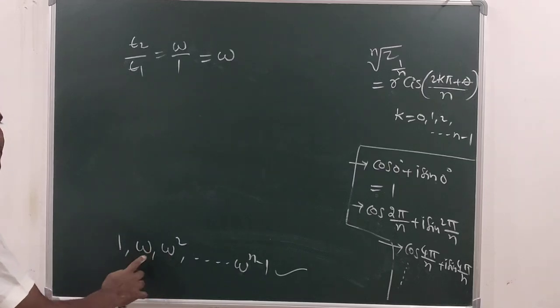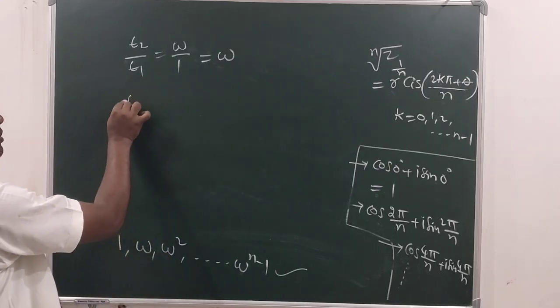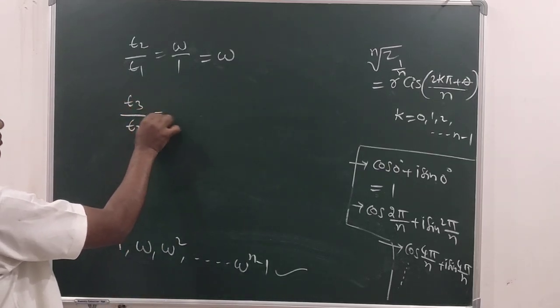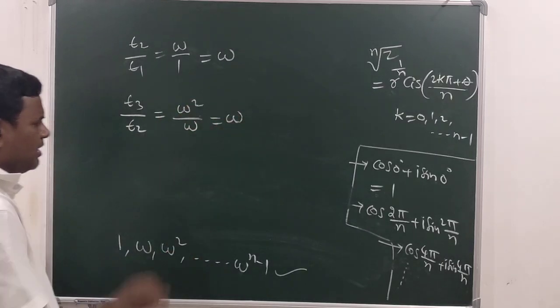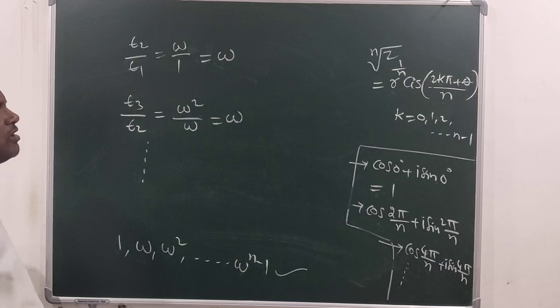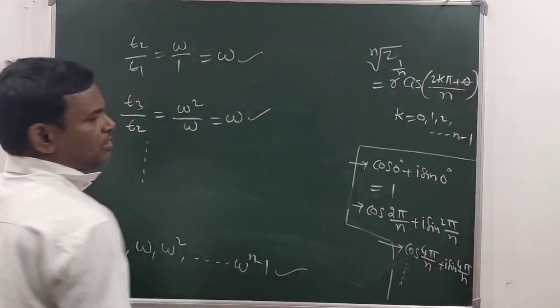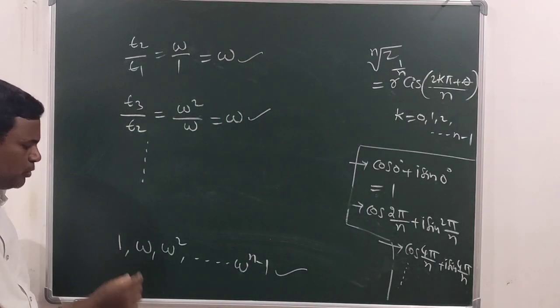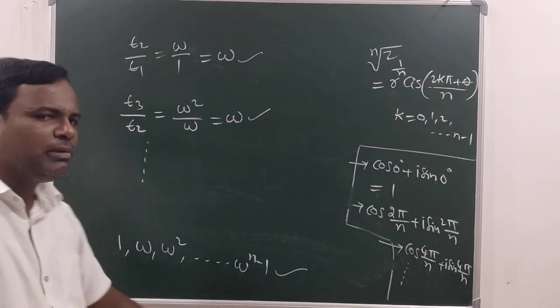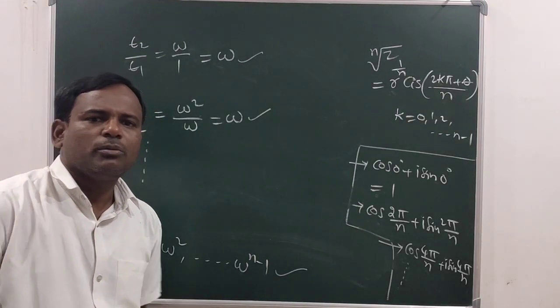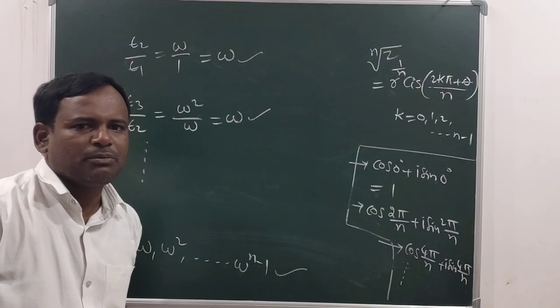Now what is the common ratio of these two? Term 3 by term 2. Omega square by omega. Omega you will get. And so on. What it is, students? You are getting ratio between the successive terms is same, na? Hence, these are forming a geometric progression. Remember that point.